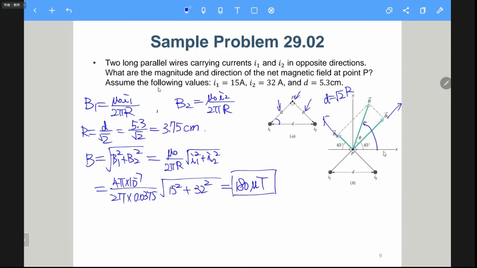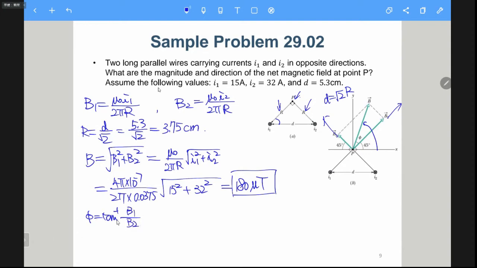So actually we can do it like phi equals arctangent of B1 over B2, because tangent phi is B1 over B2.